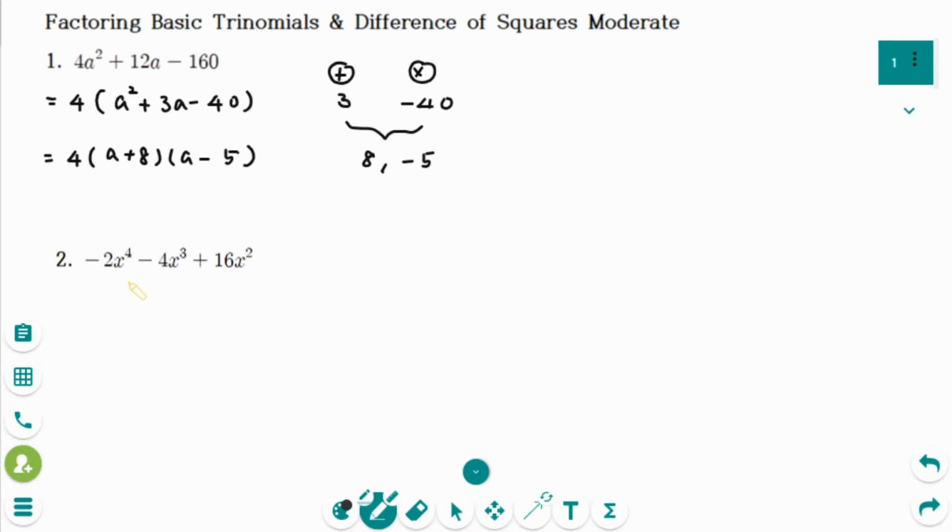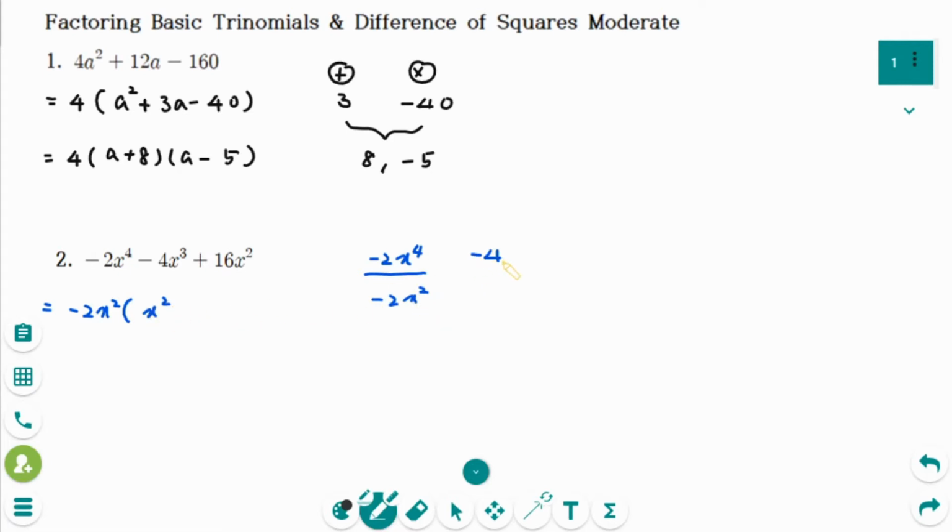This is number 2. The greatest common factor is minus 2x squared. So take out minus 2x squared. And then minus 2x to the power of 4 divided by minus 2x squared equals x squared.